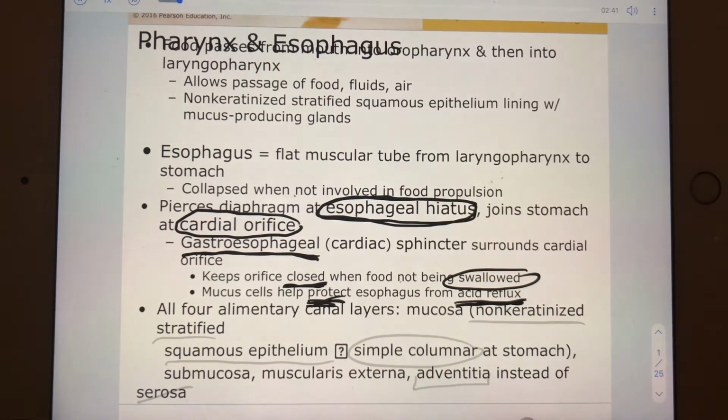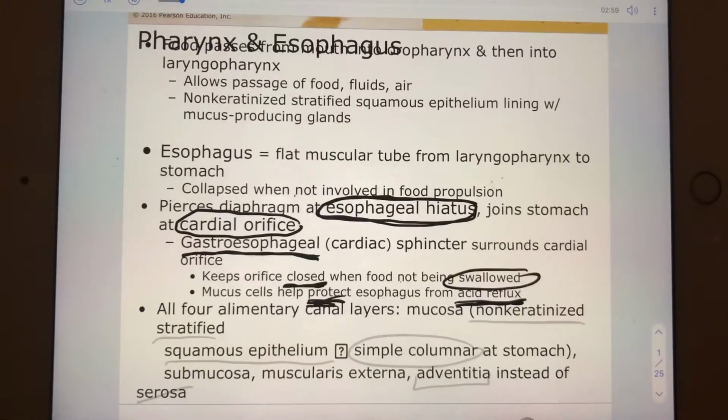The esophagus is also kind of the poster child for the four classic tunics that comprise the wall of the alimentary canal. So very predictable in terms of what those tunics are and what they're made out of.